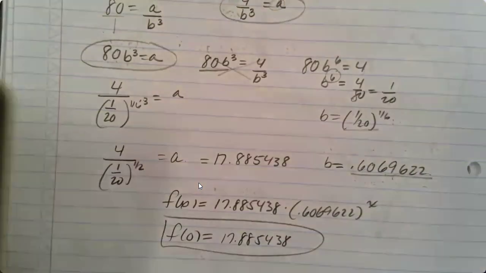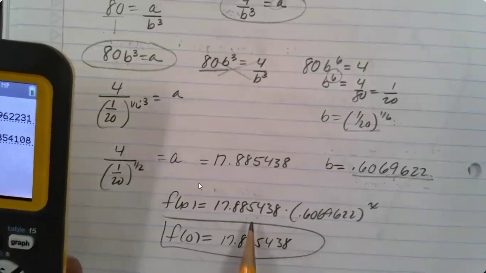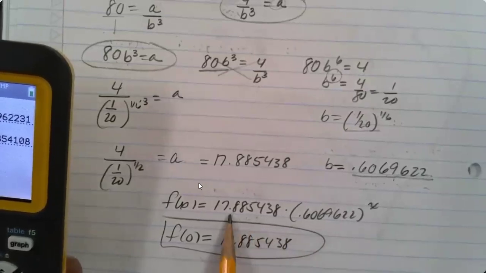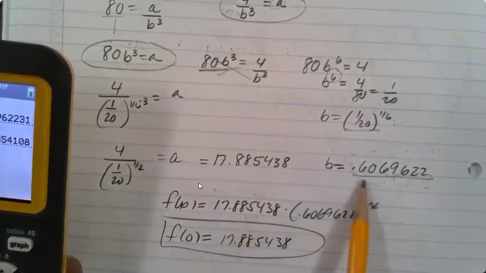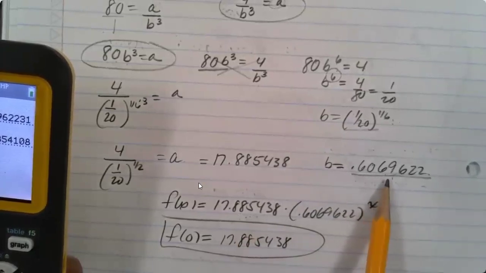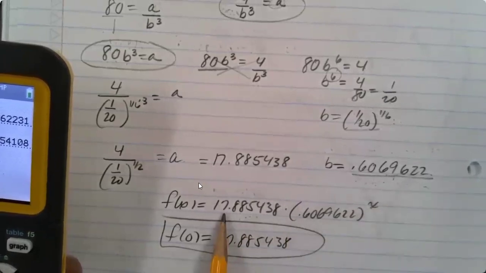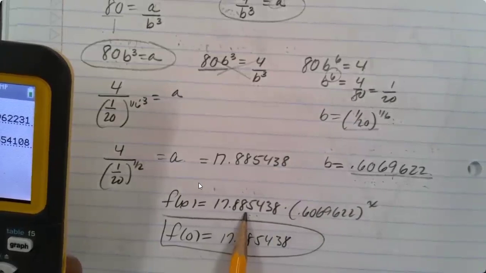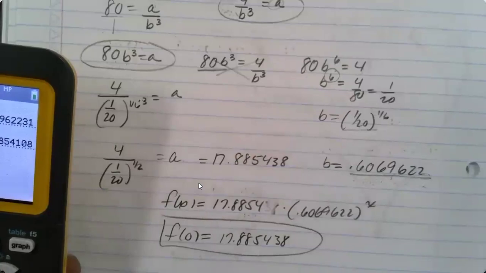And you'll get 17.8854. It looks like maybe I copied down some wrong decimals. Maybe I went further. And this here is 17.8854.